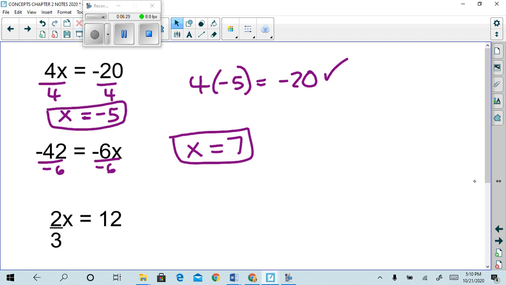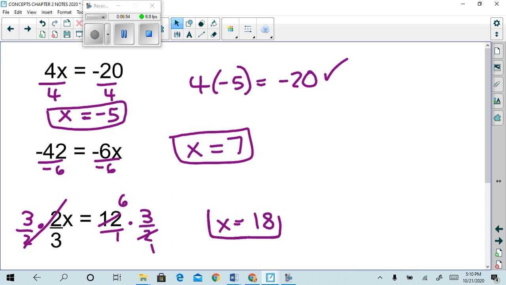This last one is multiplied by a fraction, so my coefficient is a fraction, and in a case like this, I multiply by its reciprocal. Multiplying by a reciprocal cancels out because any number times its reciprocal is equal to 1. I then cross cancel here, and I get 6 times 3, which is 18. So these all were multiplication problems, so I did the inverse and I divided.